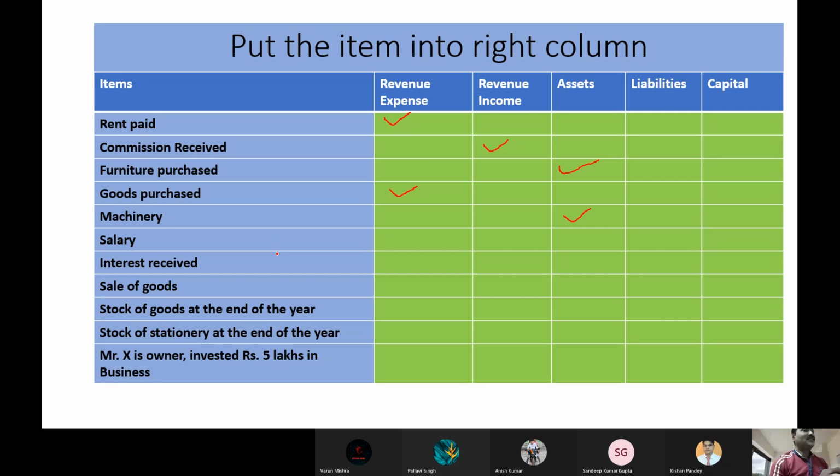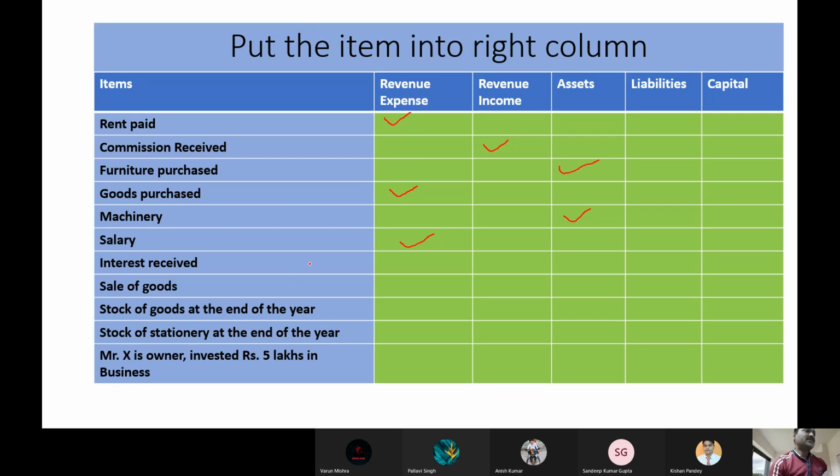Now salary. So we know that each and every employee will work for salary or remuneration, and it is the obligation of each and every firm or organization to pay salary to their employees on a monthly basis or daily basis, whatever. So salary is a revenue expense because it is of frequent nature. Okay.